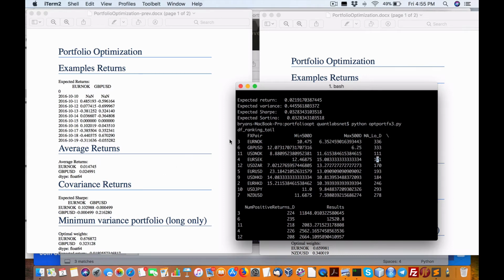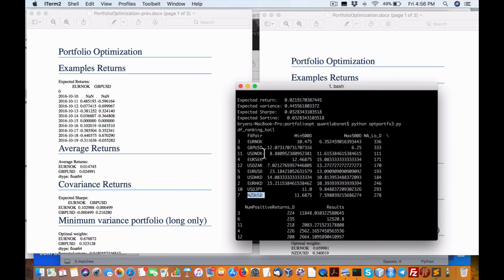Once again, on the left, we're doing the two best, which are the Euro Norwegian kroner as well as the British pound and US dollar. And on the right, we are going to do an analysis with the Euro Norwegian kroner against the worst, the New Zealand US dollar.